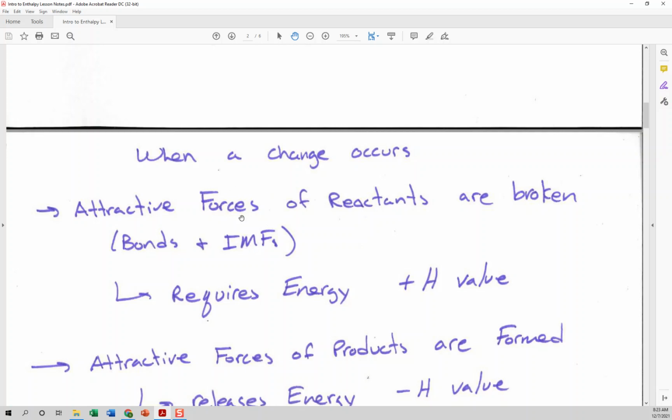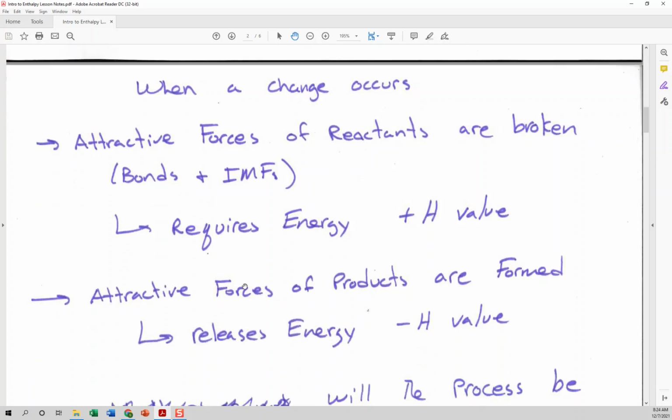Whatever attractive forces have to be broken for the change to occur, that requires energy. So that's a positive energy value, positive heat, that requires heat. That's what that positive H means. But also, the attractive forces of the products are formed.